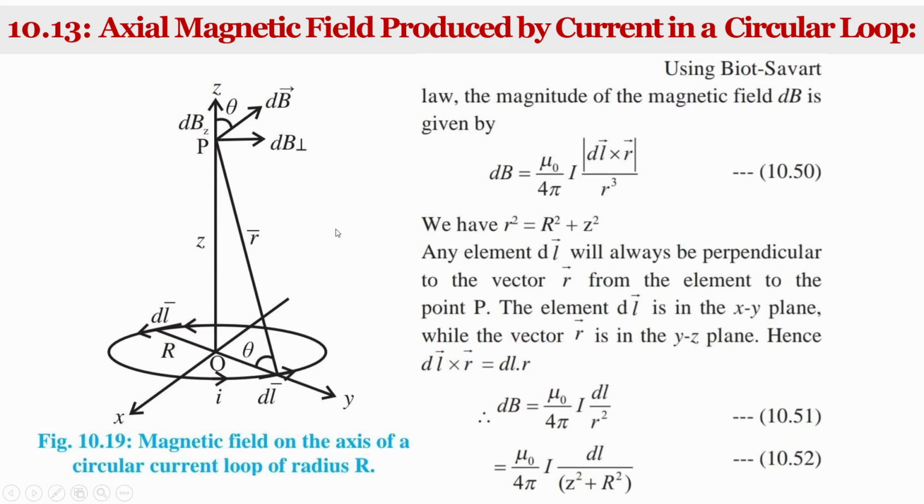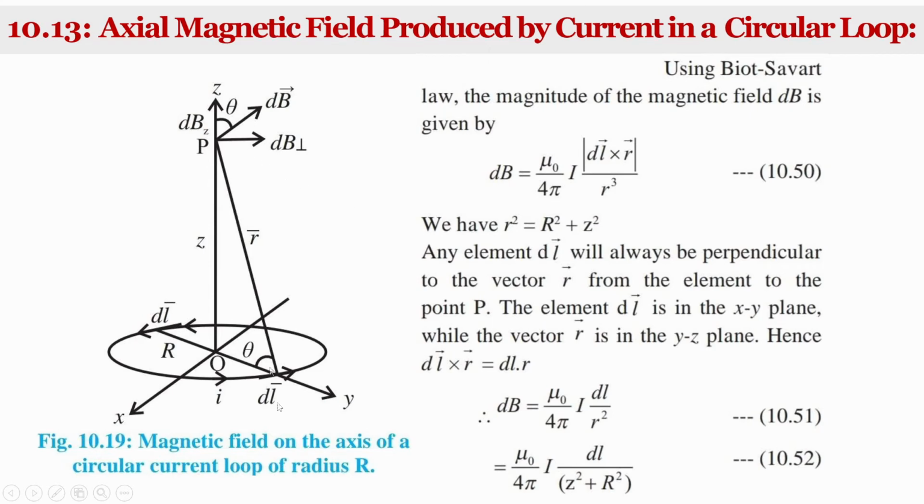Then we see that small r square is equal to R square plus z square, where the distance OP is z, and small r is the distance from the element to point P. Any element dl will always be perpendicular to the vector r from the element to the point P. The element dl is in the xy plane, while the vector r is in the yz plane.